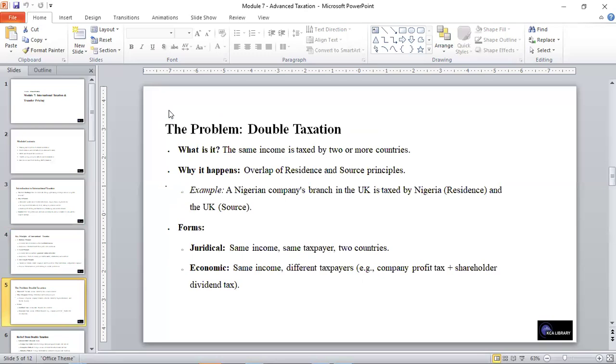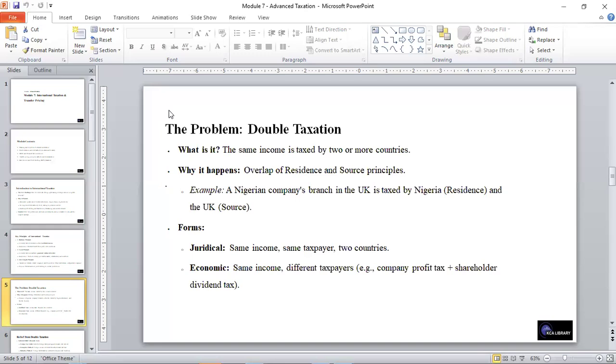And we have another very important aspect of international taxation, and this is double taxation. When we talk about double taxation, it's actually a problem. It is the charging, taxing of the same income by two or more countries.